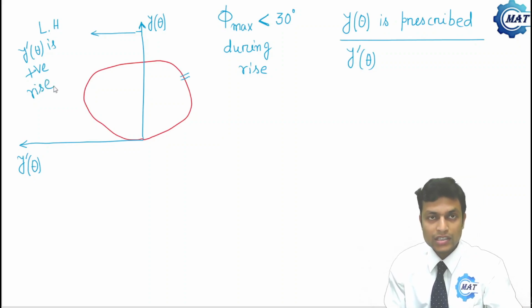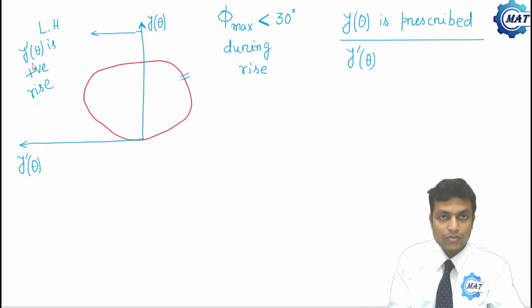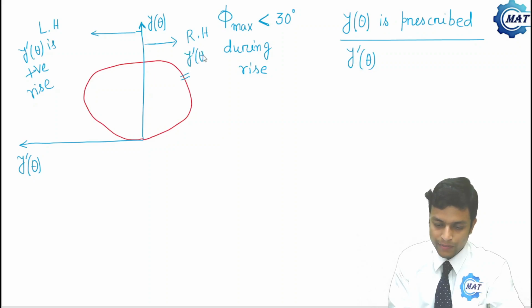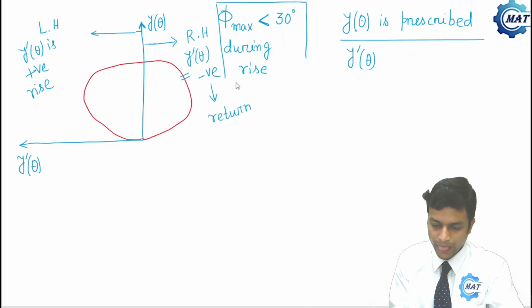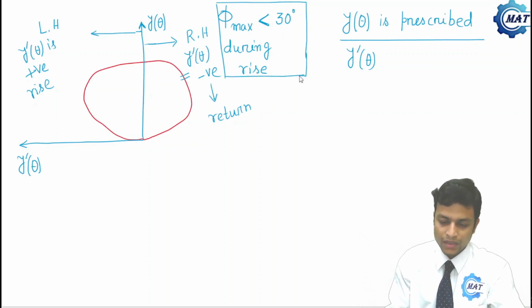We know that during rise phase velocity of the follower is positive. And in the right hand side from this vertical line, we can see y prime theta is negative. So that indicates return phase of the follower motion, where velocity of the follower is negative.